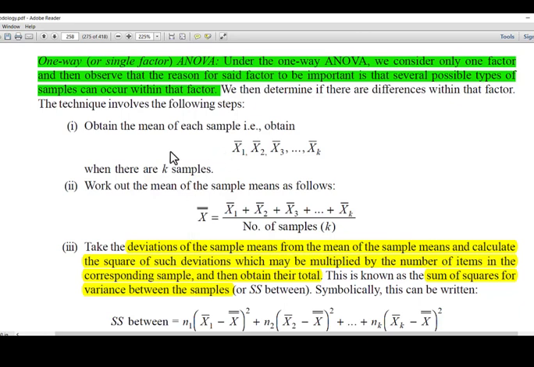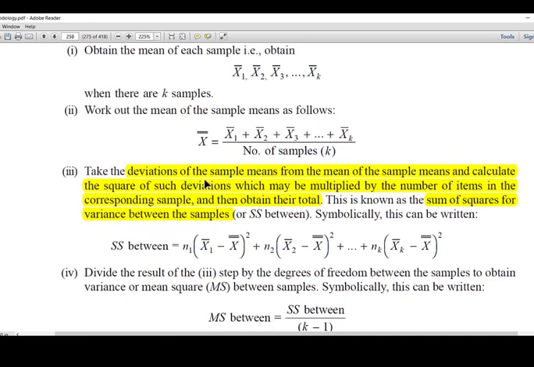Obtain the mean of each sample, work out the mean of the sample means, then take the deviations of the sample means from the mean of the sample means and calculate the square of such deviations, which may be multiplied by the number of items in the corresponding sample, and then obtain their total. That is actually the sum of squares for variance between the samples.